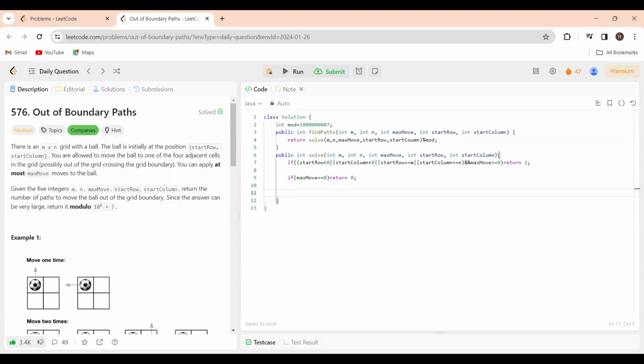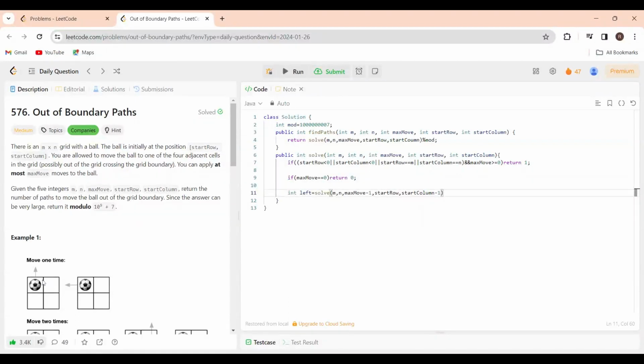Okay, the base conditions are set, and now we'll write our recursive calls. So I can go left, right? From the starting position I can go left. How many paths are there when I go left? As I am making one move, I need to subtract one from the max moves, right? So I'll subtract it, the start row will be the same, and the start column will go to column minus 1.